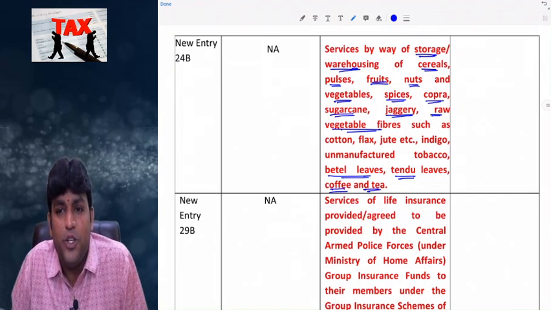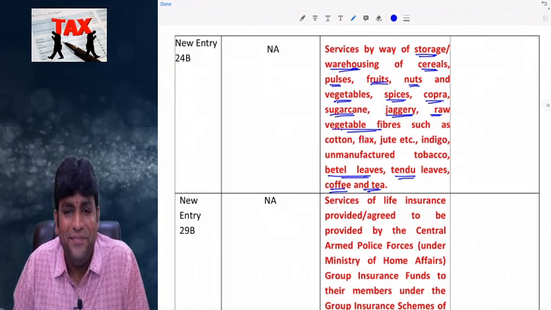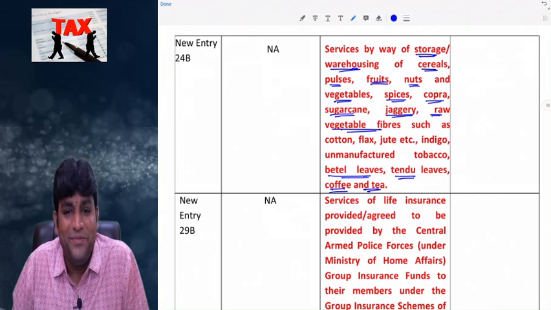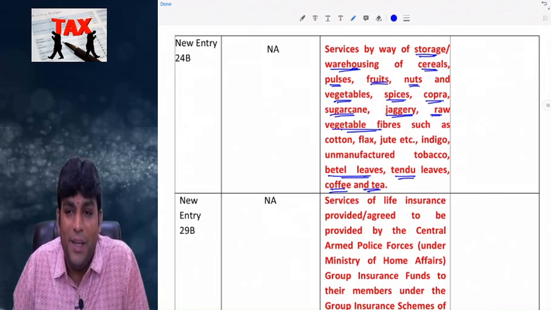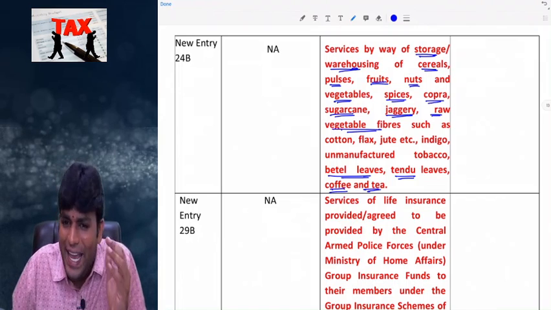So service by way of storage or warehousing of these products is straightaway exempt. Clear? Earlier exemption was given only for rice, only for a few milk products, but not to all. So now to all these products, services of warehousing is exempt.